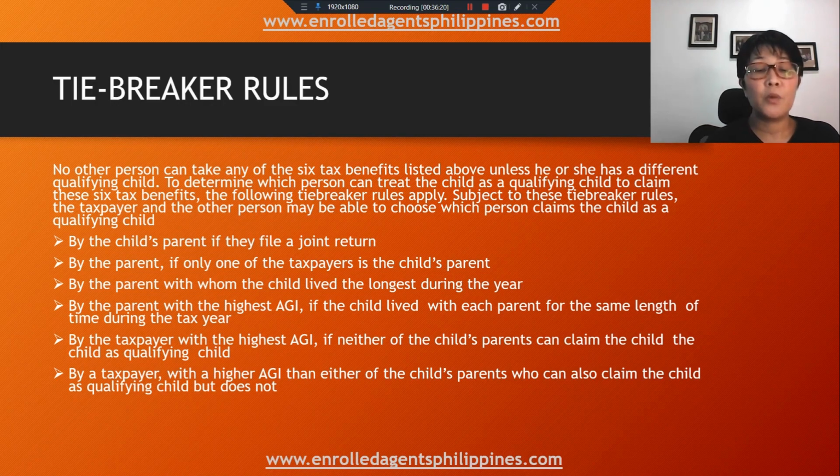Okay? By the taxpayer with the highest AGI if neither of the child's parents can claim the child as qualifying child. Okay? But last, by the taxpayer with a higher AGI than either of the child's parents who can claim the child as qualifying child but does not. Ibig sabihin, pwede ka namang mag-claim pero hindi mo kiniklaim. So, yung taxpayer na yun with a higher AGI than either of the child's parents. So, pwede minsan yung mga grandparents kiniklaim nila yung mga apo nila as dependent kung hindi kiniklaim ng parents.